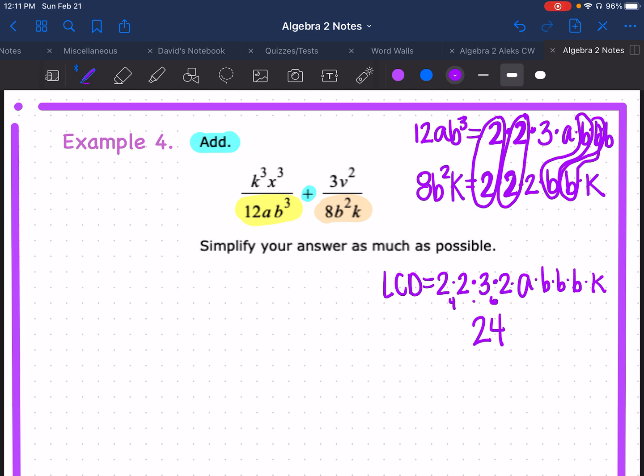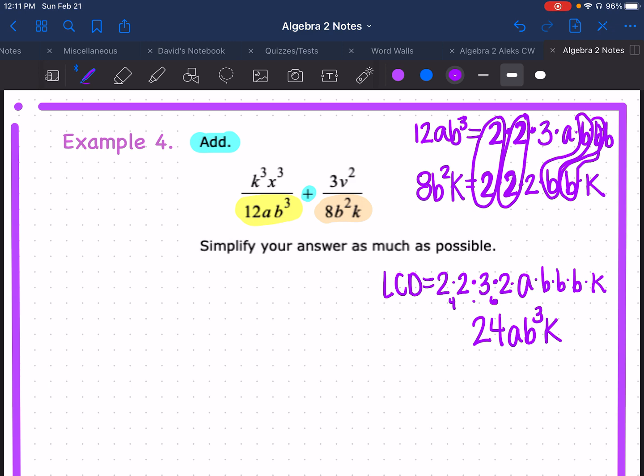That's just what we've all kind of agreed on in math. But there's really no reason to it that I'm aware of. So it shouldn't be a big deal if you have the K first and then the A and the B. It shouldn't matter.